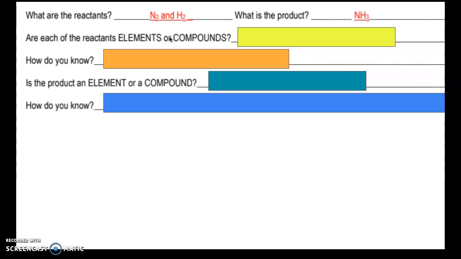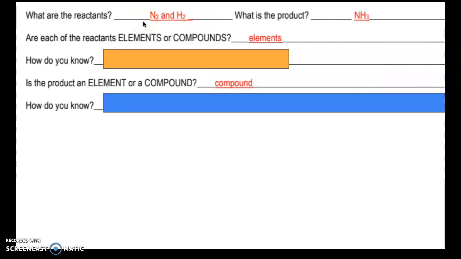Remember, an element is just one single thing not bonded. So we know that the reactants are considered elements, or molecules would be a better word for them, because they just contain one kind of atom. So is the product an element or a compound?